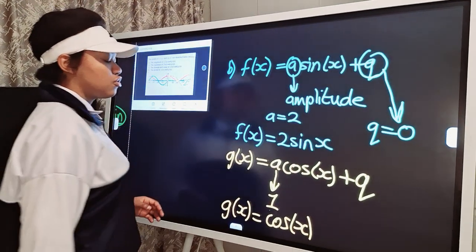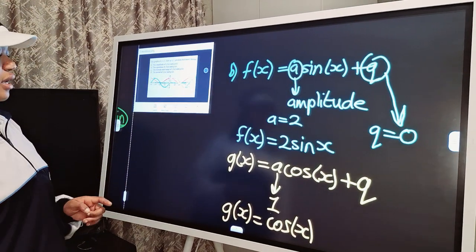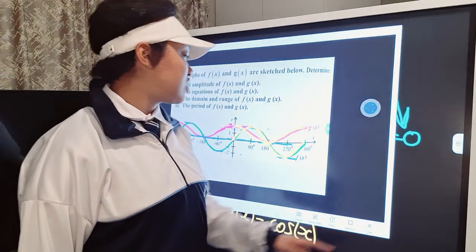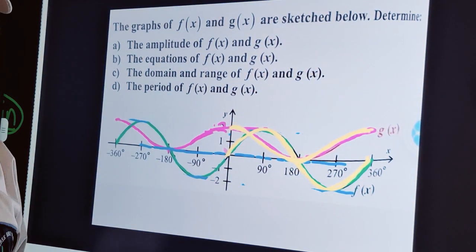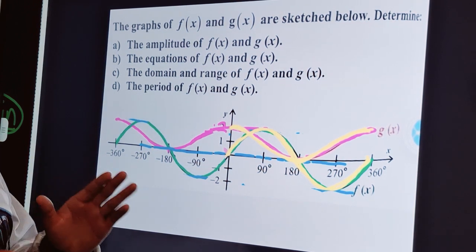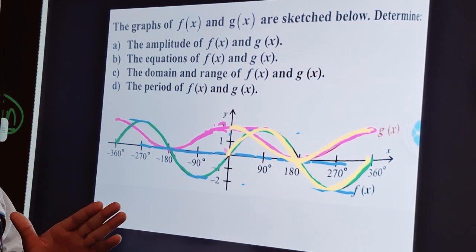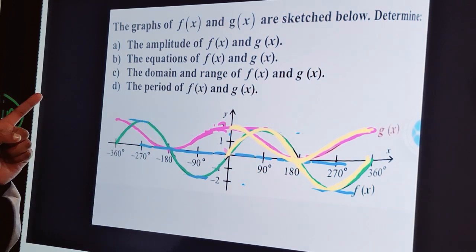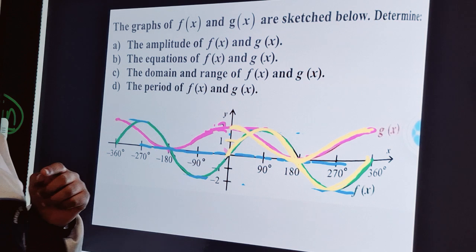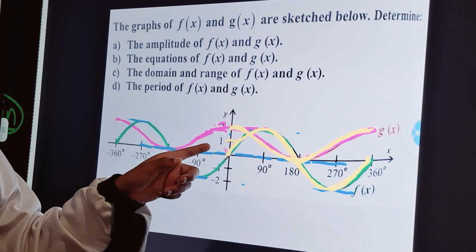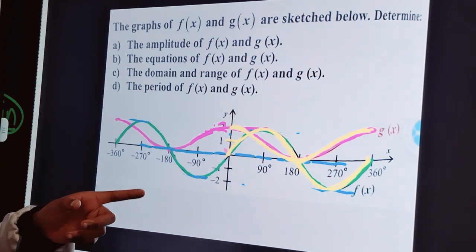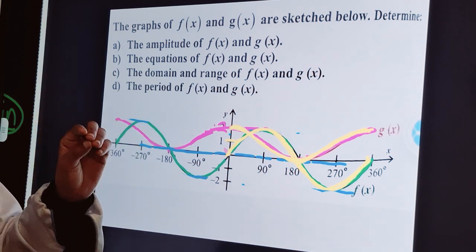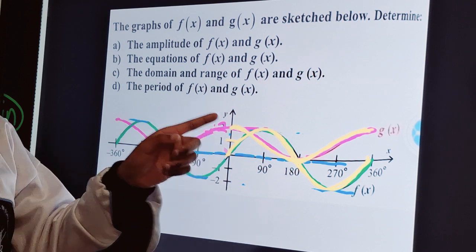Then let's look for q. When it comes to cosine, the standard cosine graph doesn't start at 0. It starts at 1, guys. So the graph here starting at something other than 0 is not a surprise, because the standard cosine graph starts at 1.